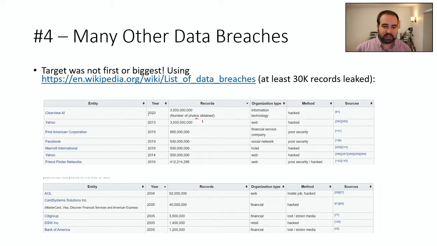But you can see that 2004 and onward is where we start getting into serious data breaches. So AOL had like 92 million records lost, and it sort of goes onward from there from 2004. So you can see that some of these data breaches are somewhat more recent, in the past 16 years.